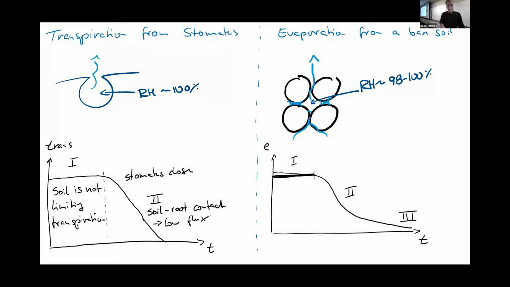And the other thing that's not dissimilar between the two is that this is an entirely passive process, right? I mean, the soil is the wick that connects soil in the subsurface with the atmosphere, and water just goes to it in accordance to these potential gradients. And the plant is the same way.